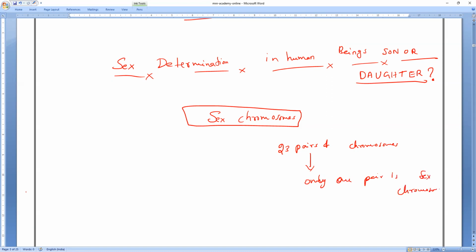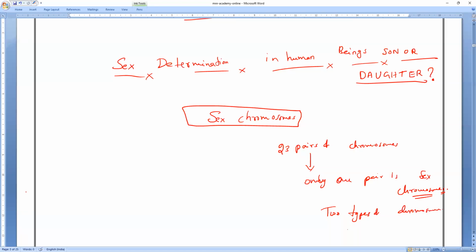Mother also has one pair of sex chromosomes. Father also has one pair of sex chromosomes. So there are 2 types of sex chromosomes we have in mother and father. One pair is a sex chromosome, and in that pair there are 2 types of chromosomes.